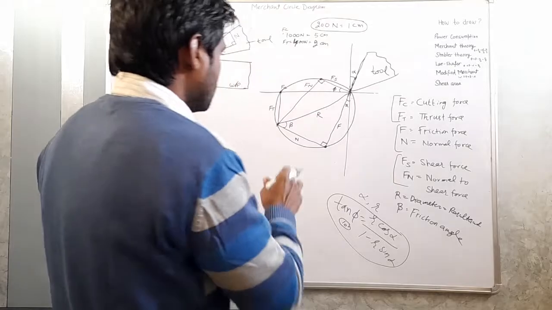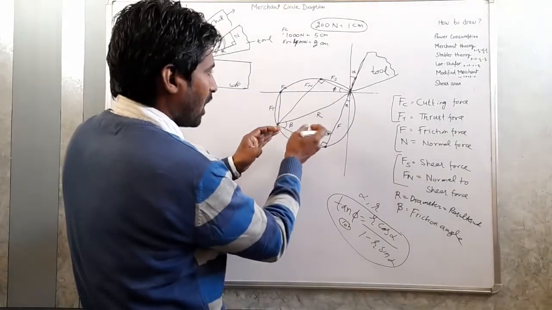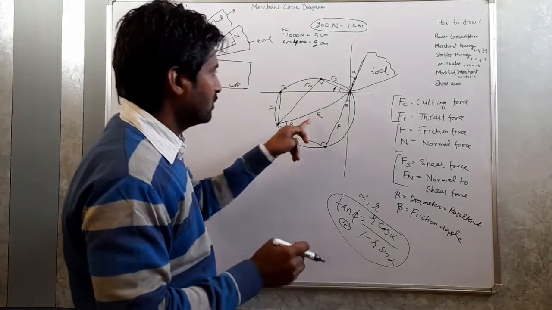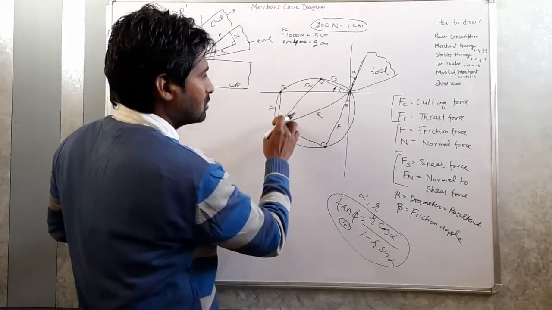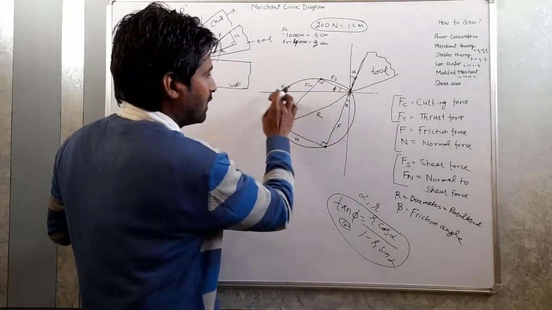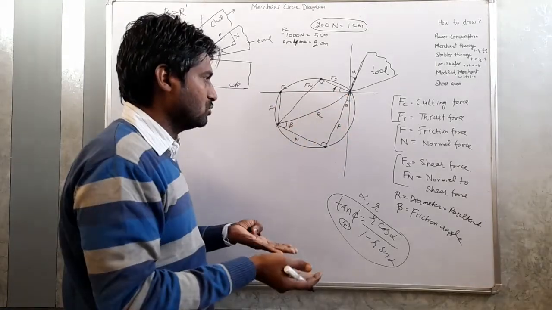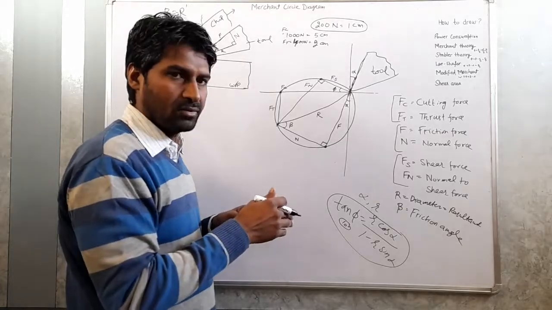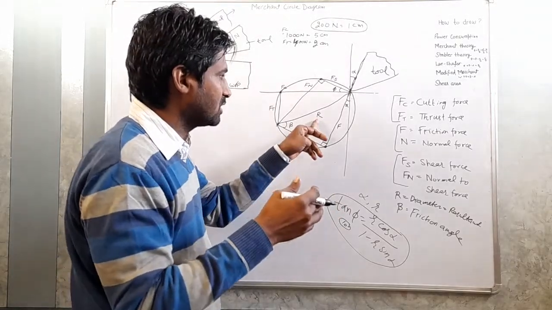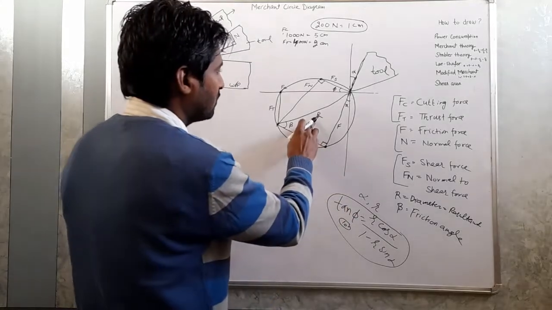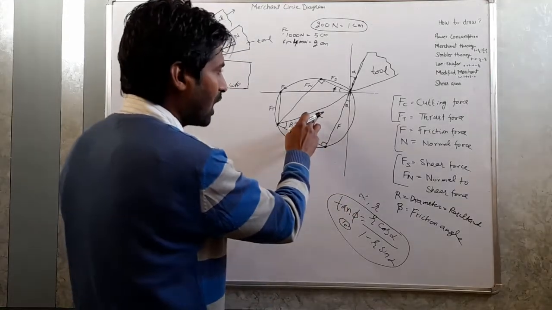Now how to calculate the value of resultant R? There are 3 triangles, this one, this one and this one. Anyone we can use to calculate the value of resultant R. Using Pythagoras theorem, we can calculate the value of R.